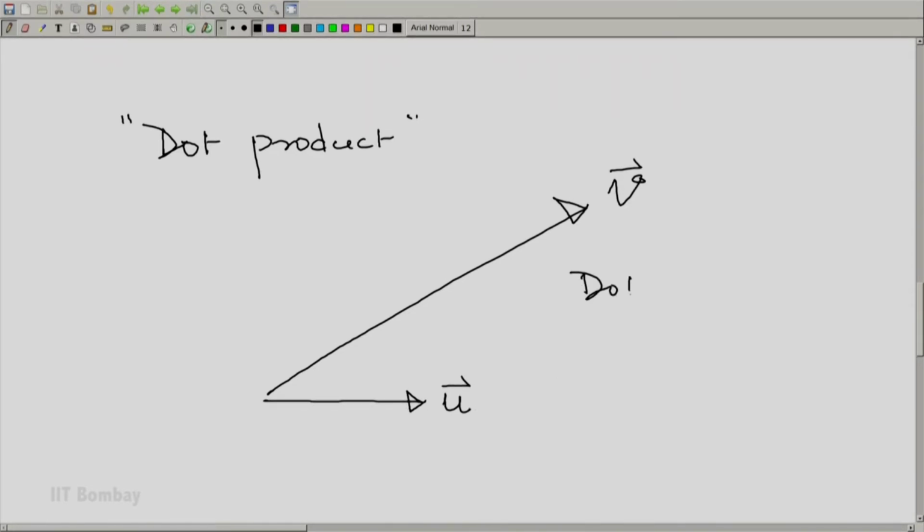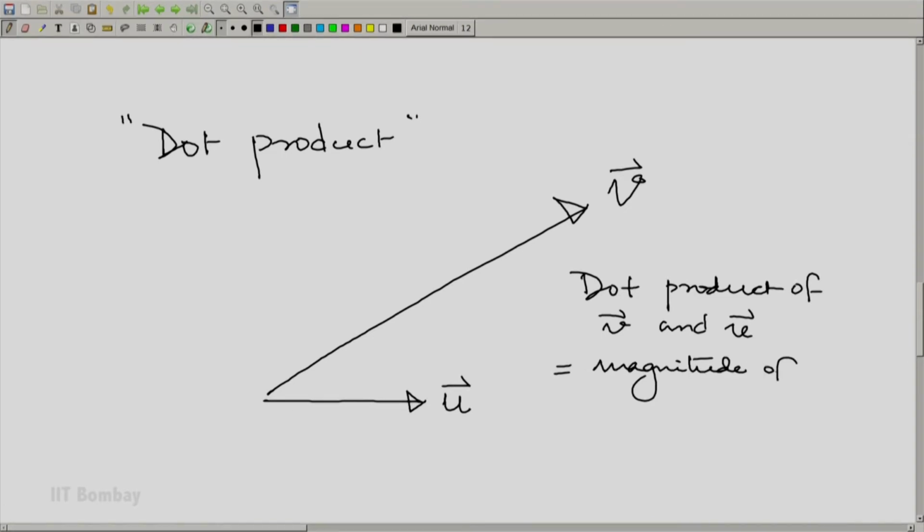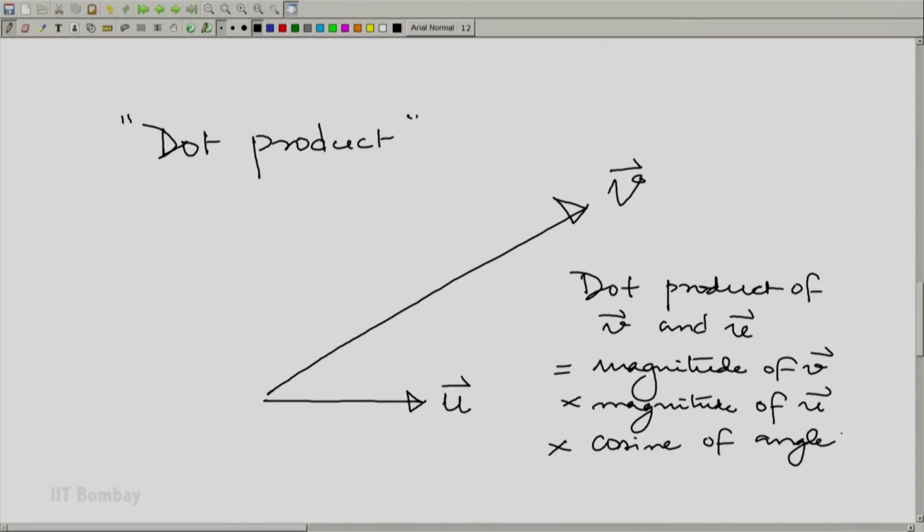Anyway, the dot product of V and u can be thought of as the magnitude of V multiplied by the magnitude of u multiplied by the cosine of the angle between them. And here, let me denote that angle by theta.